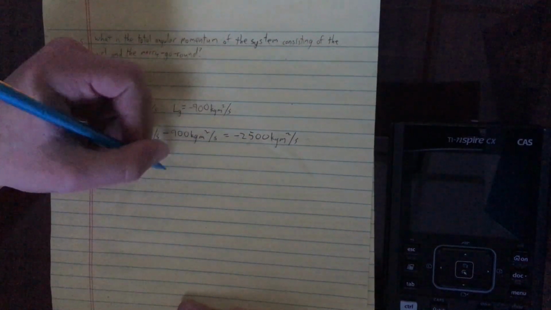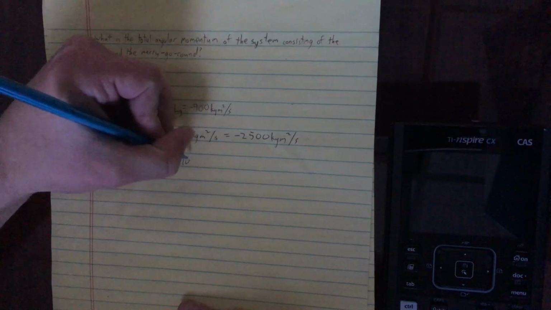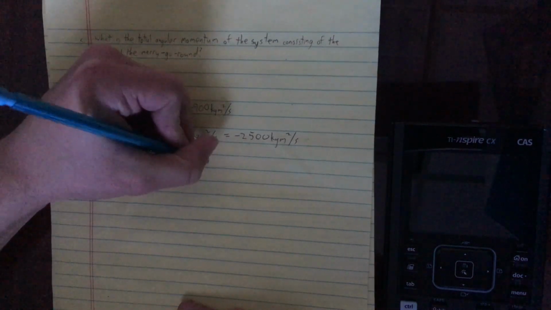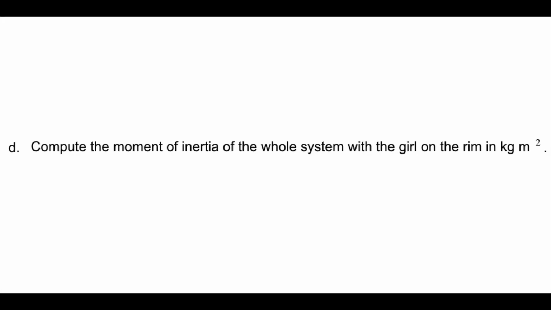And we'll go back to our 2 sig figs, negative 2.5 x 10 to the 3 kg meters squared per second. All right, part D.